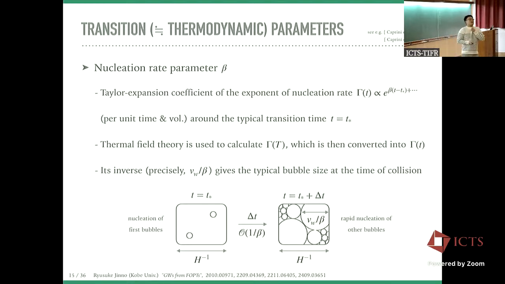And the next parameter is another important parameter. I will call it the nucleation rate parameter beta. And there's no fixed name for this parameter, actually. It's defined as the Taylor expansion coefficient of the exponent of the bubble nucleation rate around the typical transition time T star.